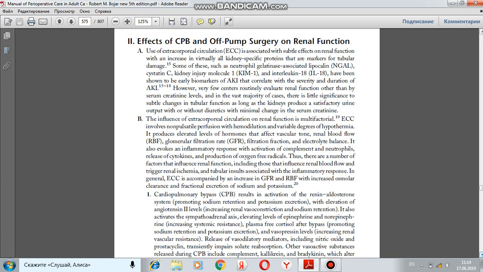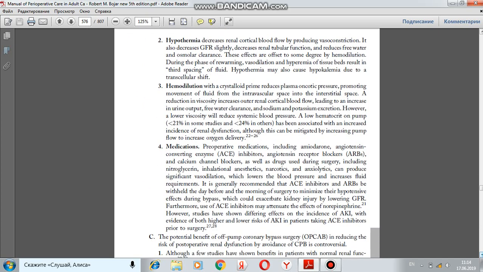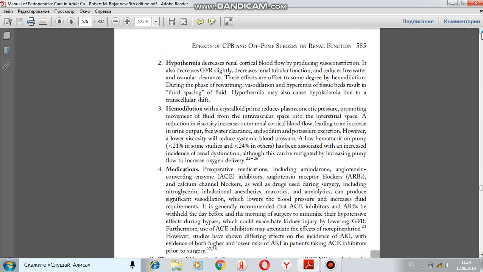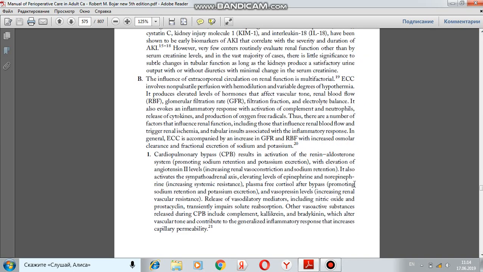In general, extracorporeal circulation is accompanied by an increase in glomerular filtration rate and renal blood flow, with increased osmolar clearance and fractional excretion of sodium and potassium. Cardiopulmonary bypass results in activation of the renin-aldosterone system, promoting sodium retention and potassium excretion, with elevation of angiotensin II levels, increasing renal vasoconstriction and sodium retention.